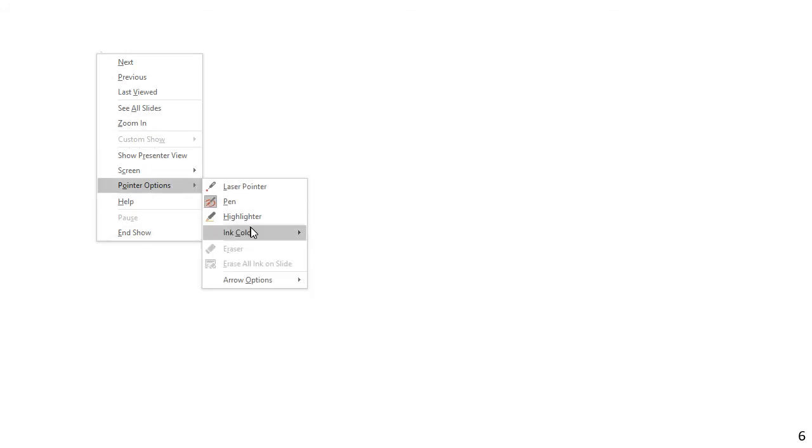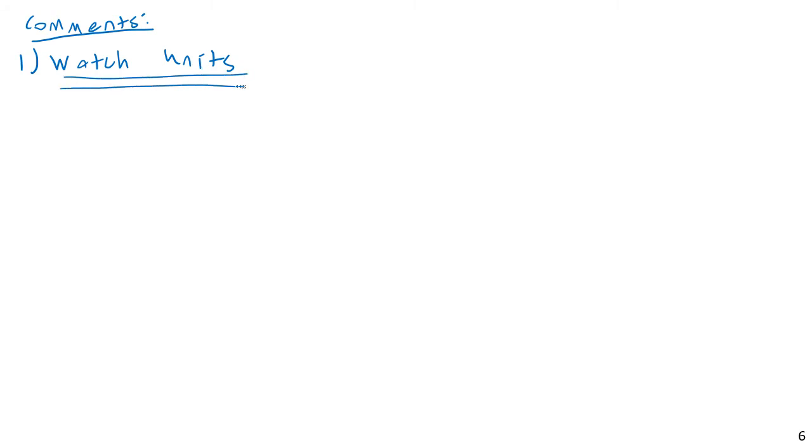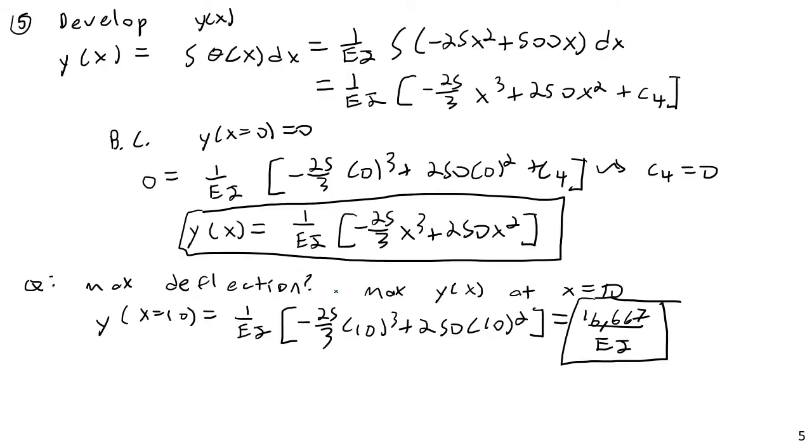Comments: common pitfalls, things like that. One, watch your units. You have to watch out for your units. So, for example, here, I did this integration in kip feet.